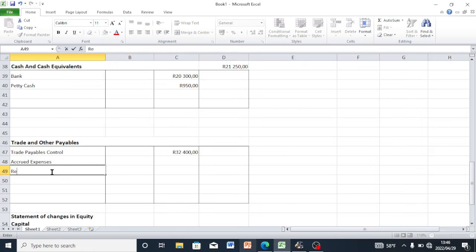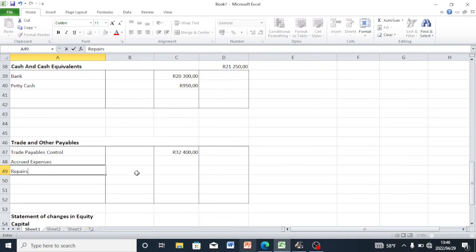These are expenses that were not paid during the year. It depends on which month we didn't pay for these expenses, which are our accrued expenses.